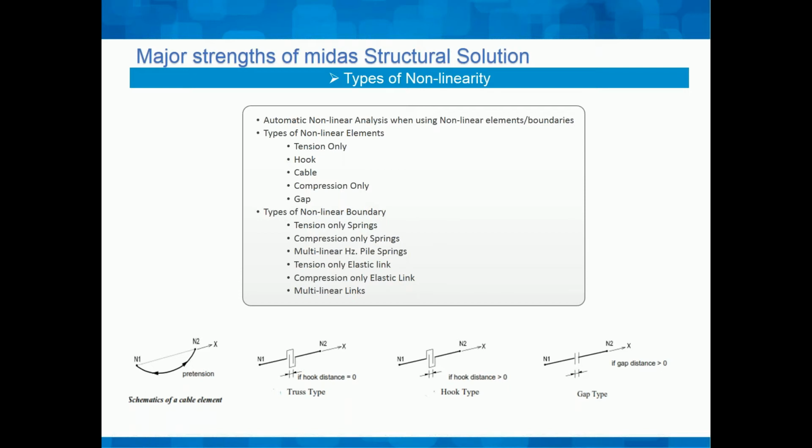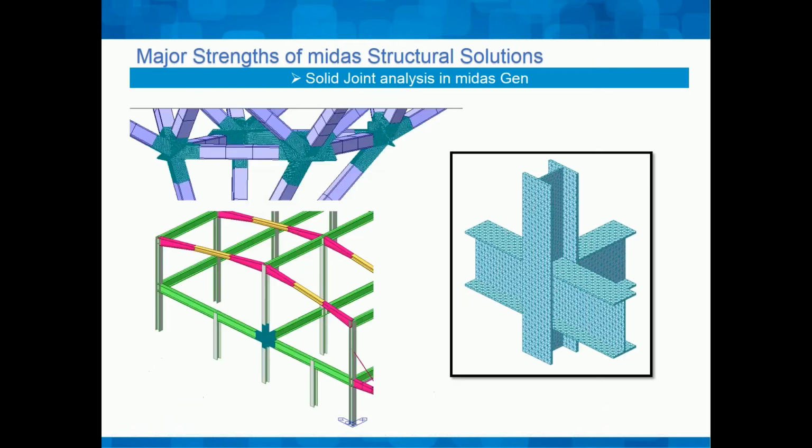And the good part is the program automatically performs nonlinear analysis when such is defined in static analysis. For local stress analysis, MIDAS Gen can perform solid joint analysis, and we shall see this in the demonstration.